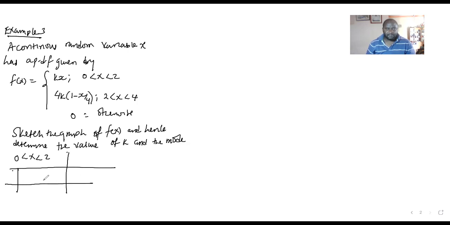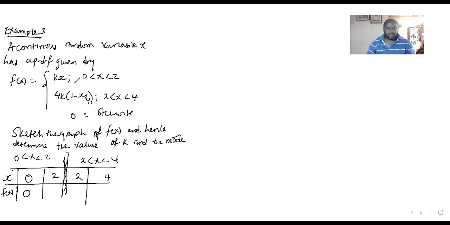So that we can have x, f of x, where we have 0, here we shall have 2. My boundary, I go to the region of 2 less than x less than 4. Then I investigate when we have 2 and when we have what? 4. When x is 0, we still get what?